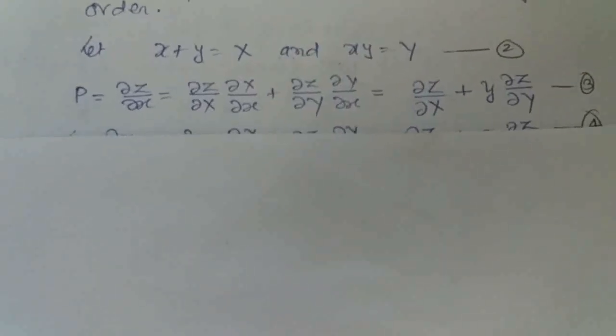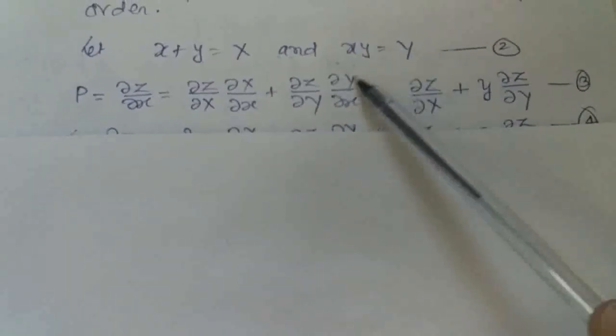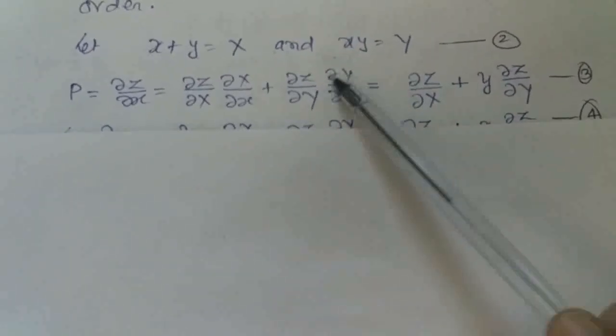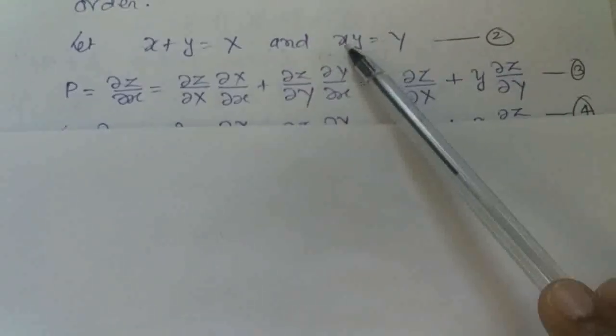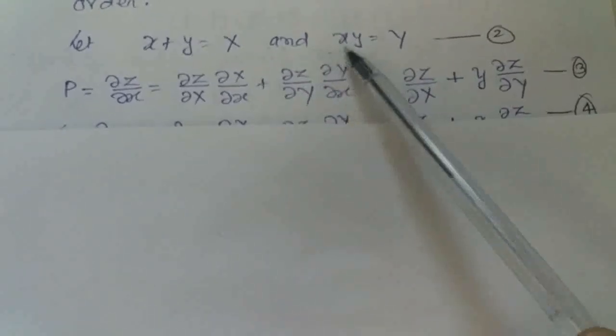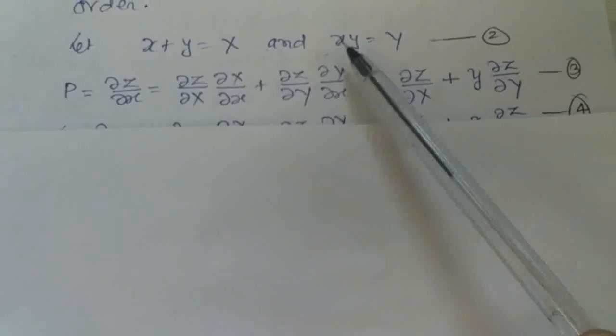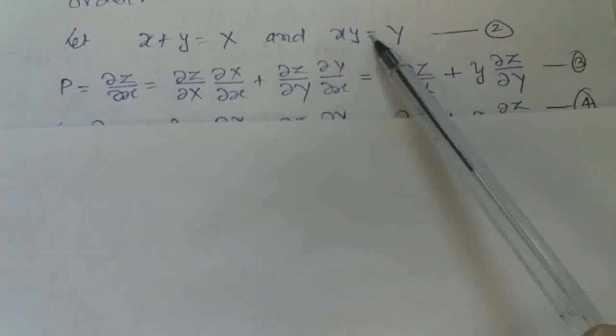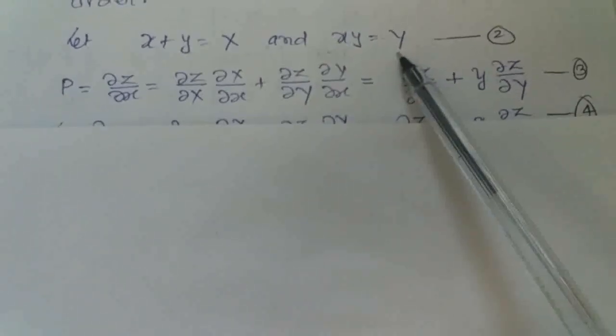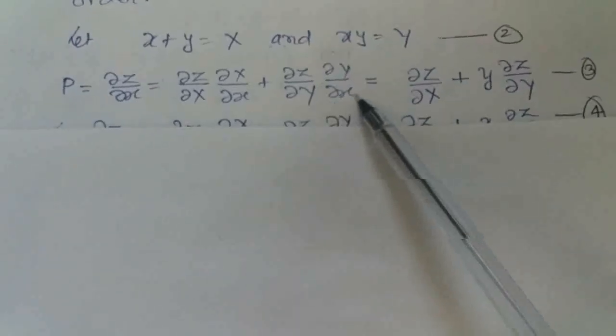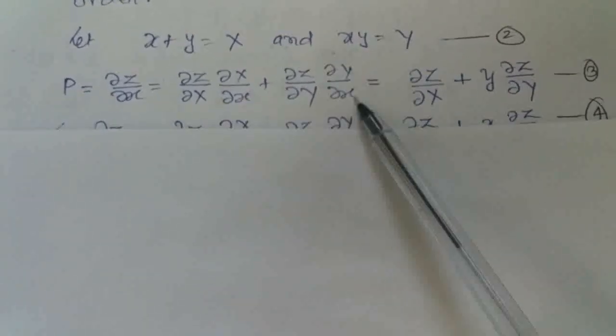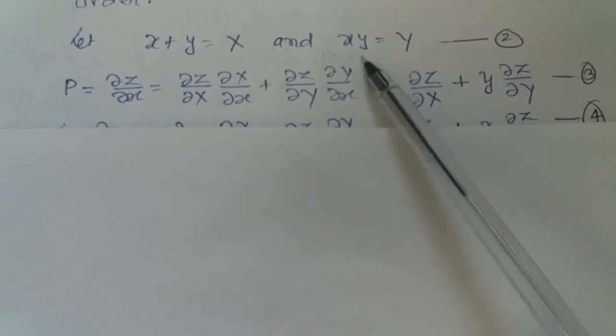Here we differentiate capital Y with respect to small x. The derivative of small x with respect to small x is 1, so y is constant and equal to del capital Y by del small x. So the value of del capital Y by del small x is small y.